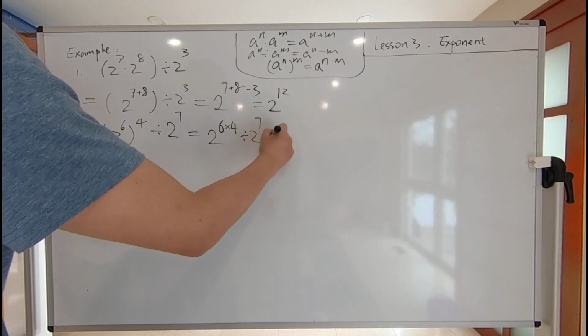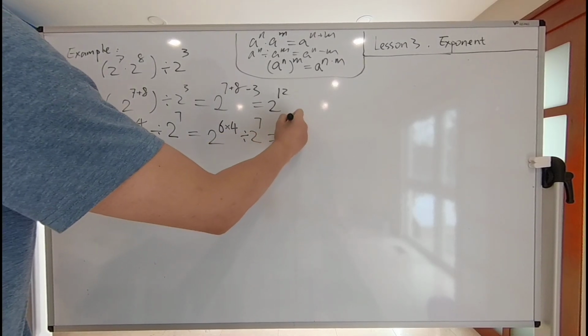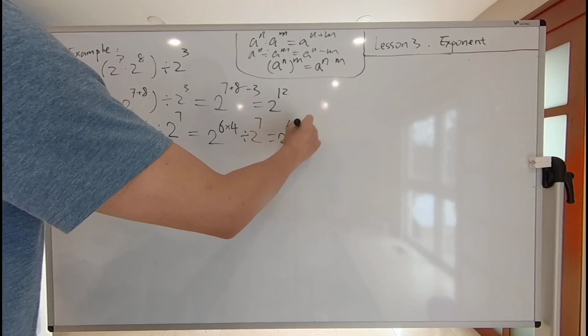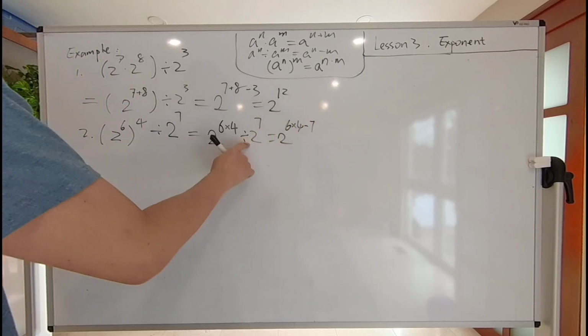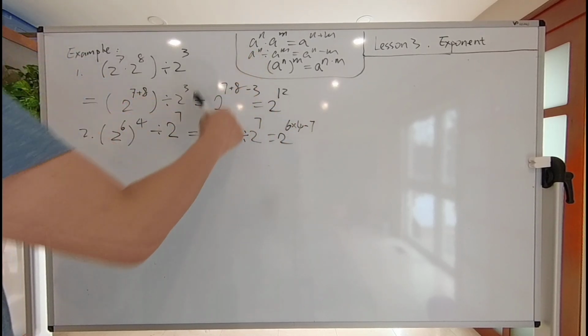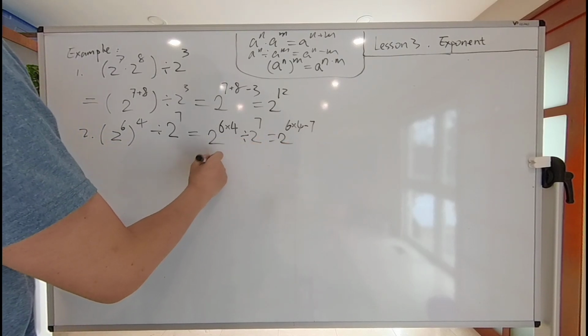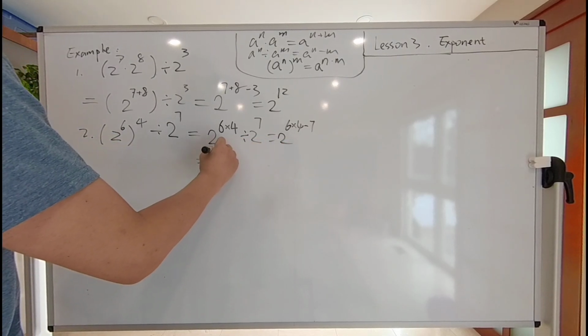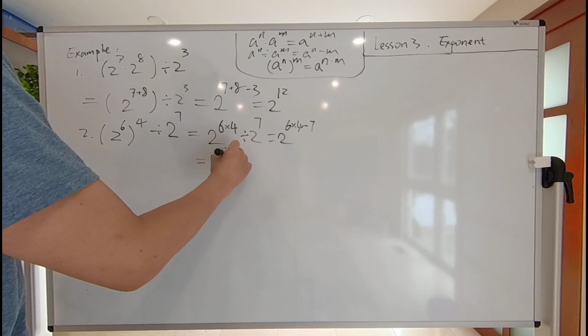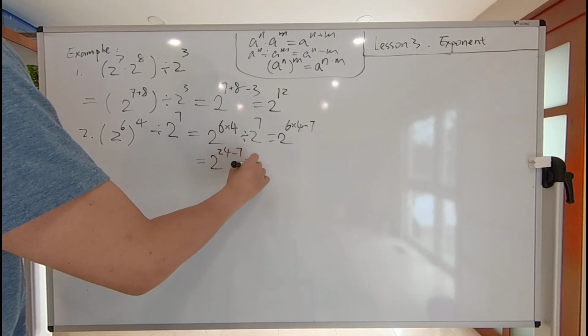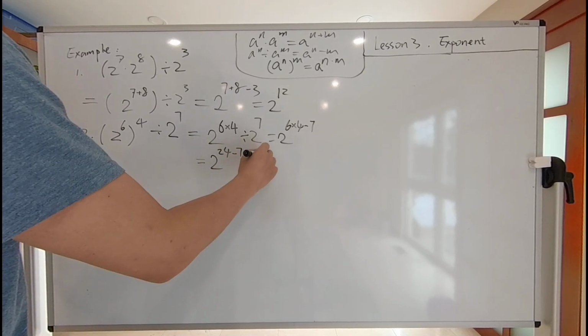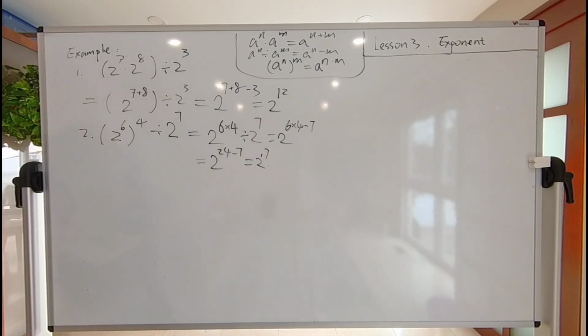Then this is 2 to the 6 times 4 minus 7, because this is just a quotient. So then this is 2 to the 24 minus 7, so it's 2 to the 17th power.